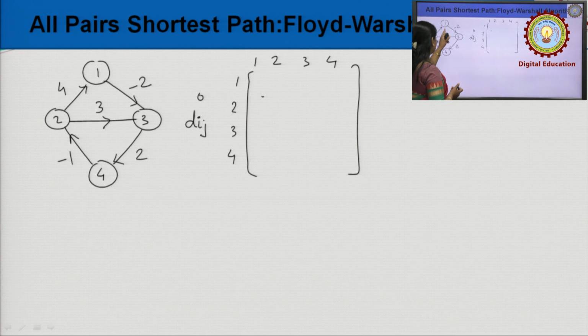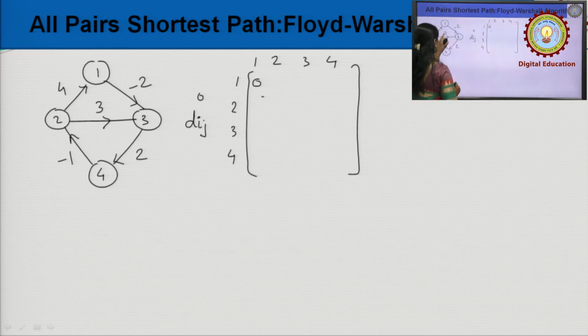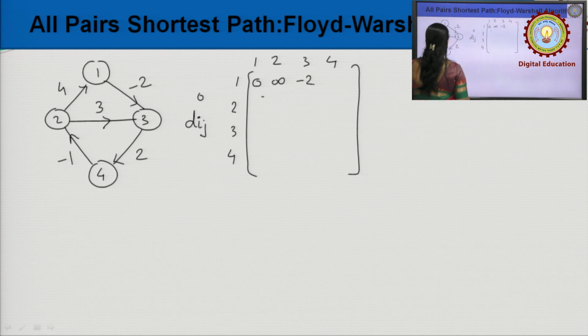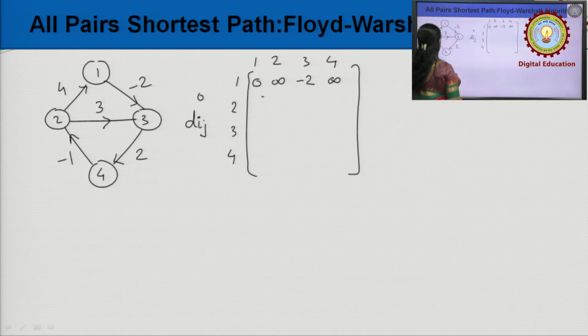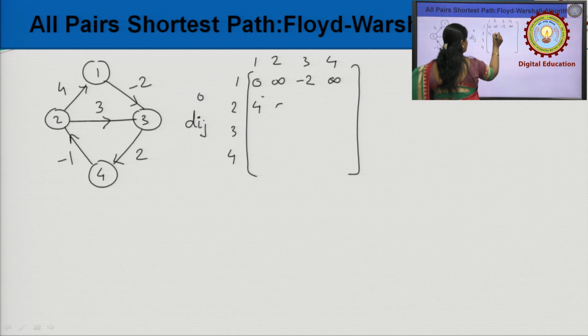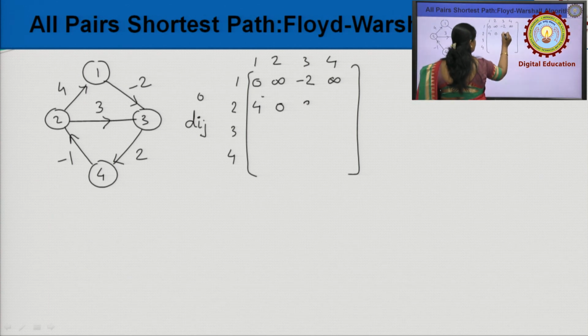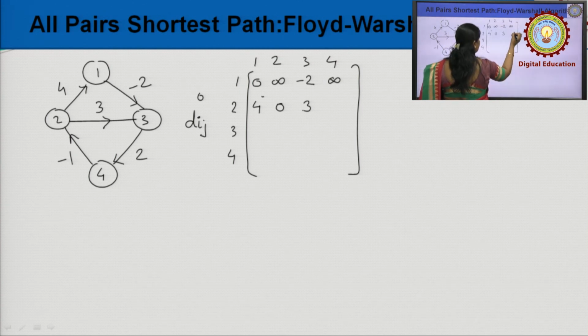So, there is no direct edge 1 to 1, no self loop in the graph, so put 0. 1 to 2, there is no direct edge, put infinity. 1 to 3, there is an edge, weight is -2. 1 to 4, there is no edge, infinity. 2 to 1, there is an edge, that is 4. 2 to 2, no self loop, 0. 2 to 3 is 3. 2 to 4, no edge, then infinity.